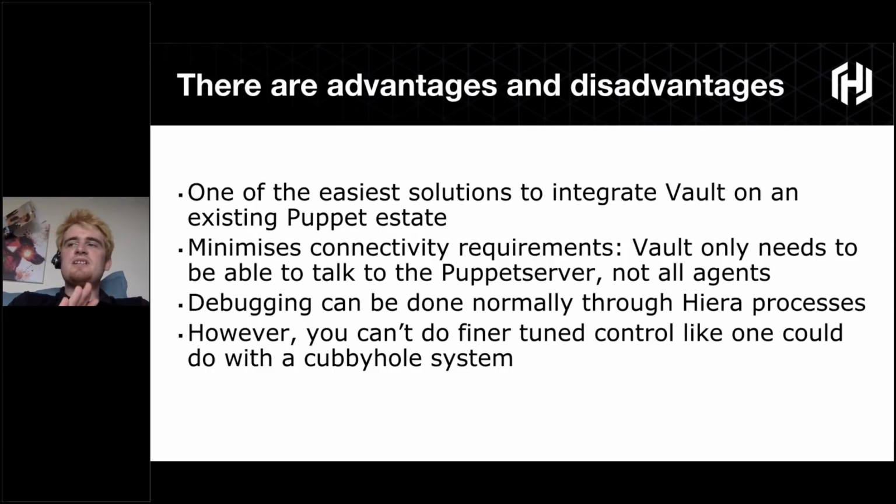The problem with this is that you can't do the finer-grained control you get with something like a cubbyhole system. It's the classic advantages and disadvantages: because all the connections are going from the Puppet master to the Puppet agent, as long as your certificate signing process is being done correctly, because we're using the trusted certname attribute for the key value lookup, as long as the system has the right host name that it's supposed to, it should work fine.